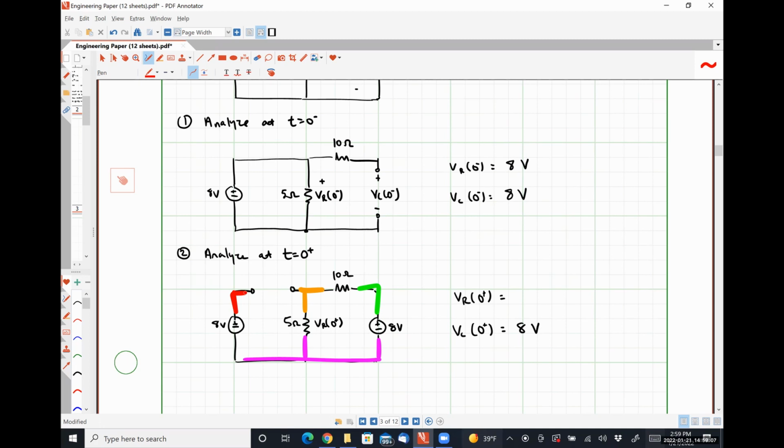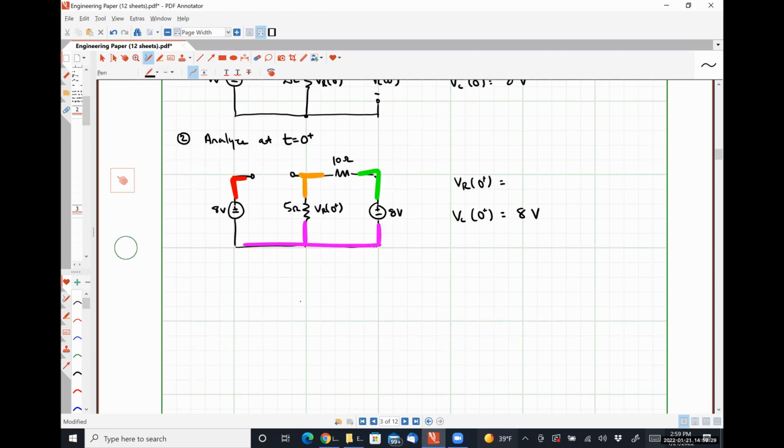Take another crack at it. Well, there's only one mesh because there's only one closed current carrying path, so I feel like that's kind of overkill, but we could absolutely do that. So let me, not my intention to pick on you here. Let me make this clear.